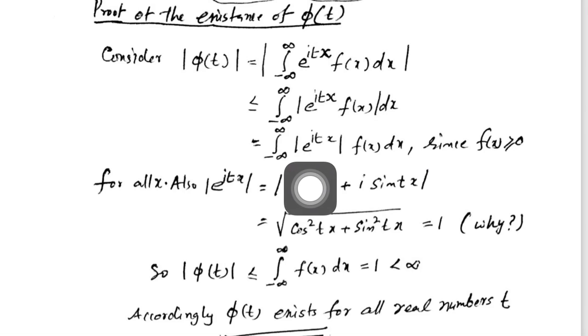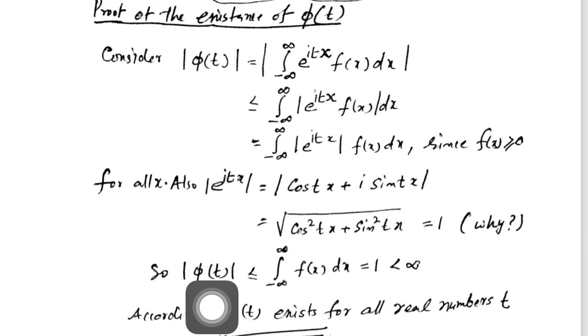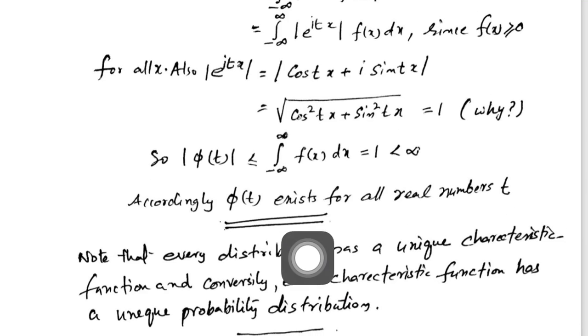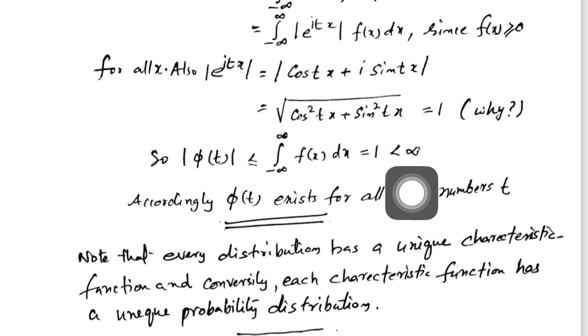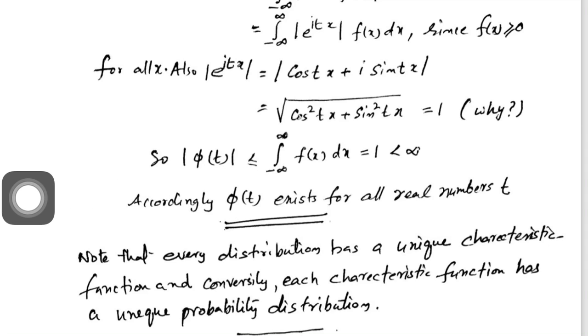You know that the integral of f(x) dx from minus infinity to infinity is 1. Therefore, the modulus of phi of t is less than or equal to 1, and that is clearly less than infinity. So you can see that phi of t exists.